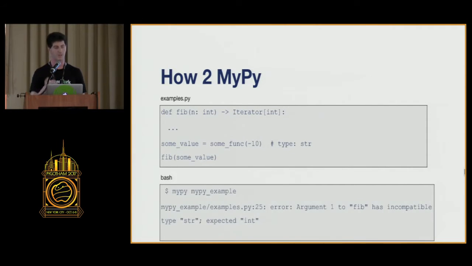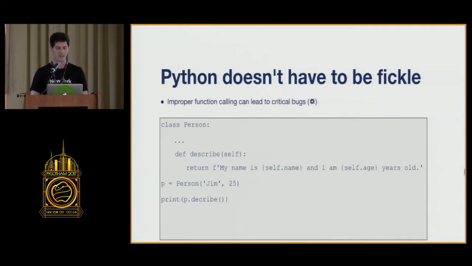So when we call fib with some value, it's again going to tell us, hey, you're calling fib with a string, it expects an integer. There's also support, with PEP 526, for cleaner inline variable annotations, but that's only supported in 3.6, so the comment form might be better suited for most cases.